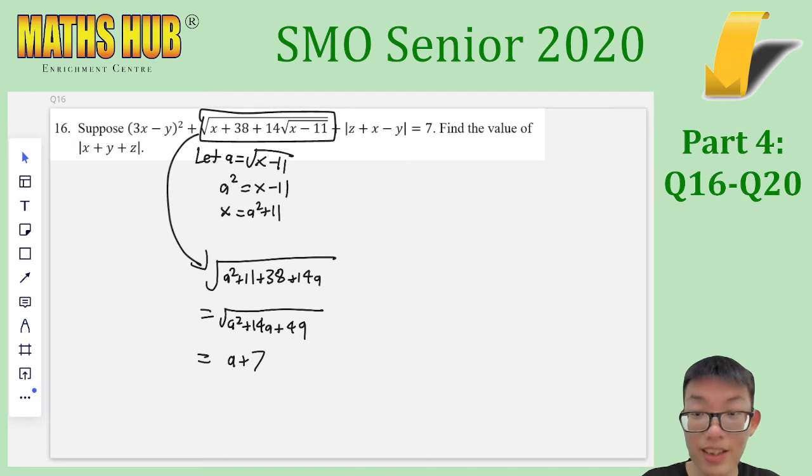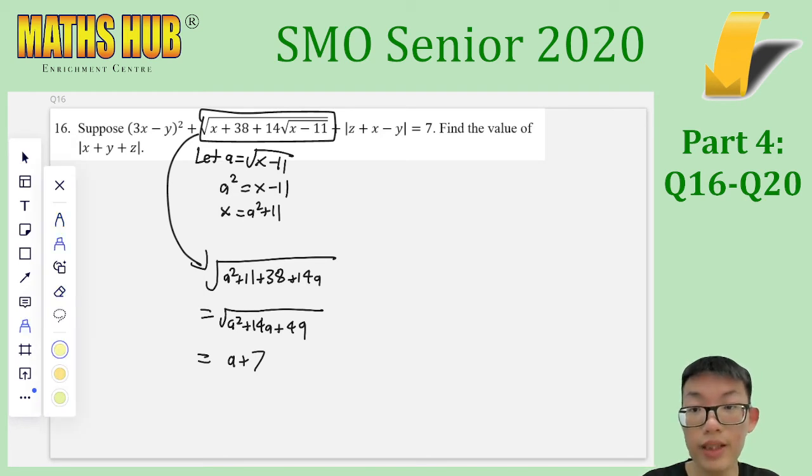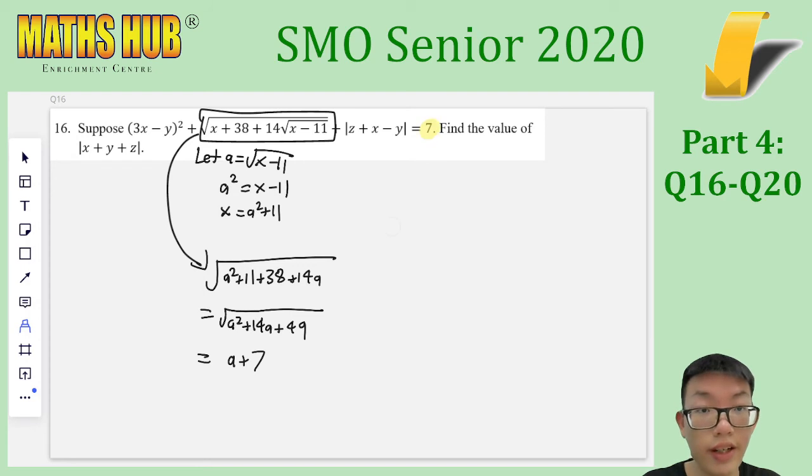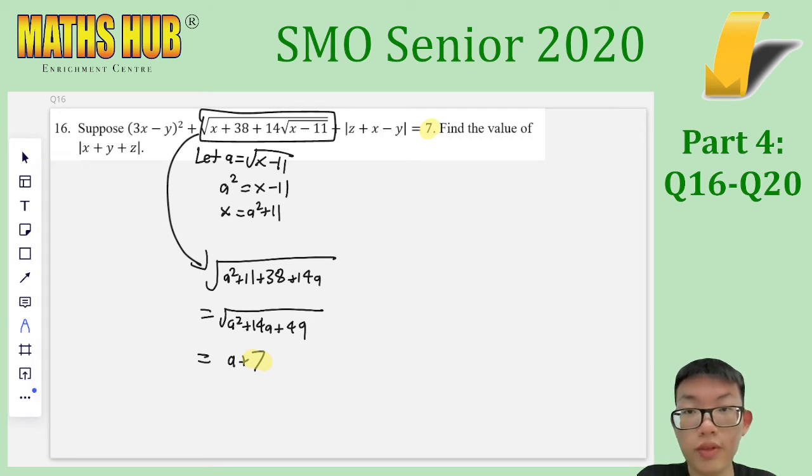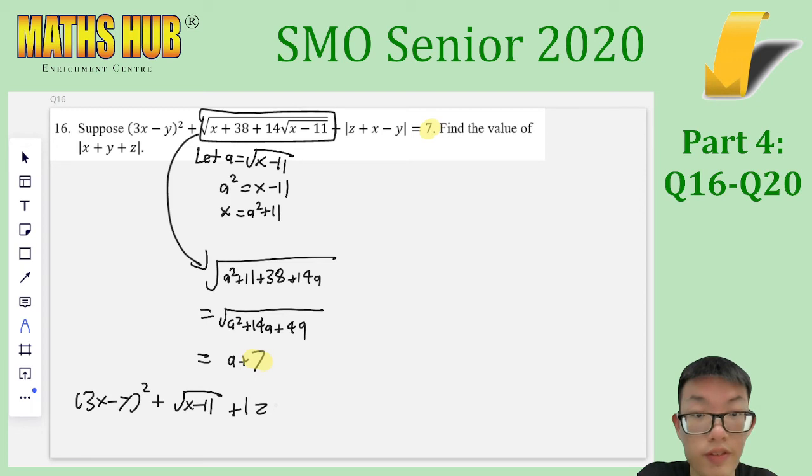Coincidentally, this a plus 7 is matched by 7 in the right hand side, which means that if we rewrite the whole equation again, it becomes 3x minus y squared plus square root x minus 11 plus 7, which cancels off with the 7 on the right, so I'm going to just remove it.